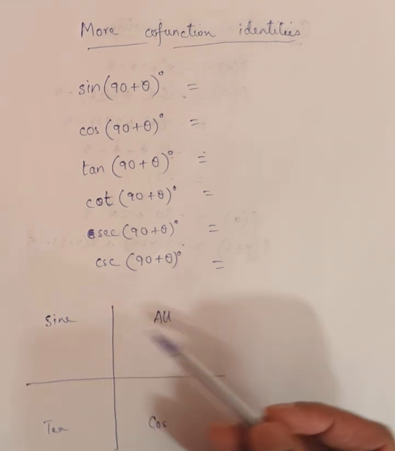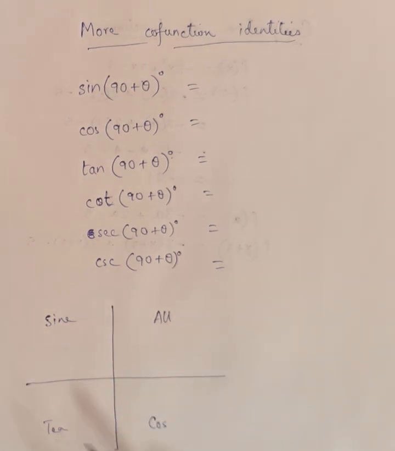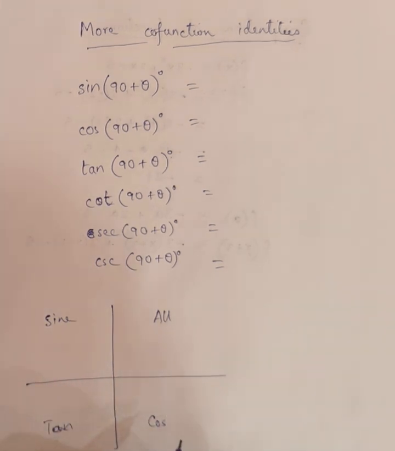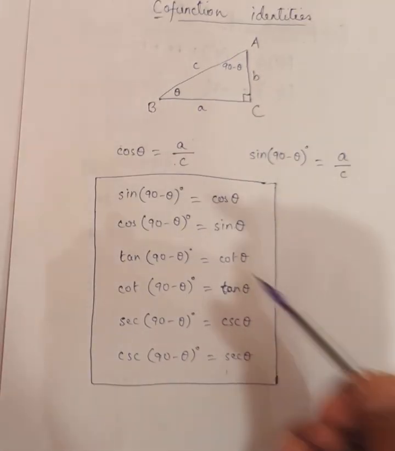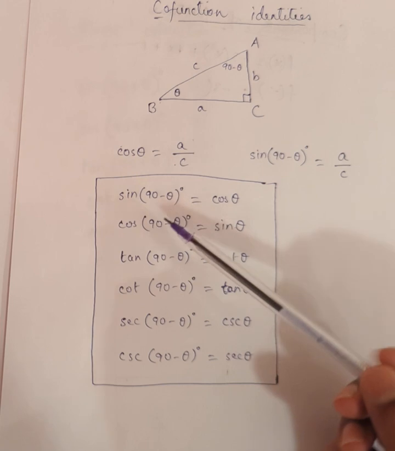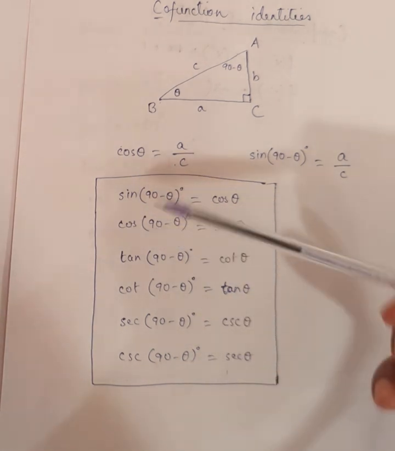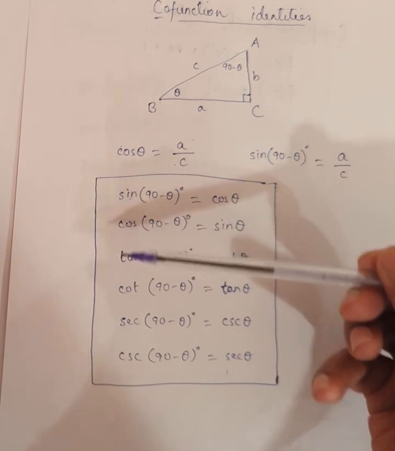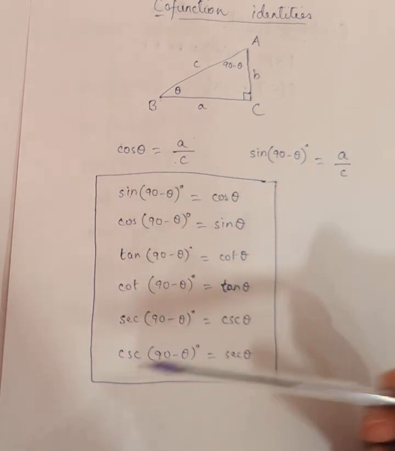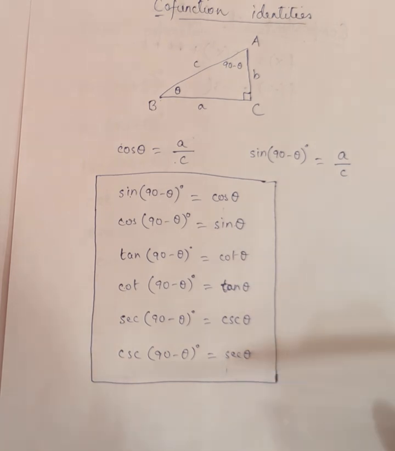So here all are positive, sine is positive, tan is positive here, and cos is positive there. Now imagine theta is an acute angle. So if theta is an acute angle, 90 minus theta will also be acute. So that's why all of these, sine, cos, tan, and their reciprocals are all positive.